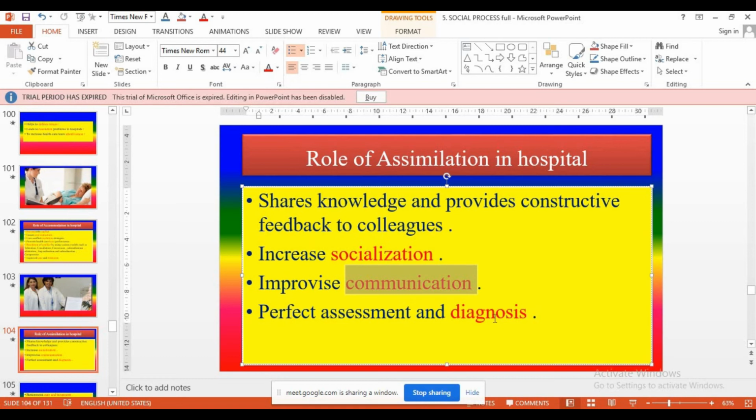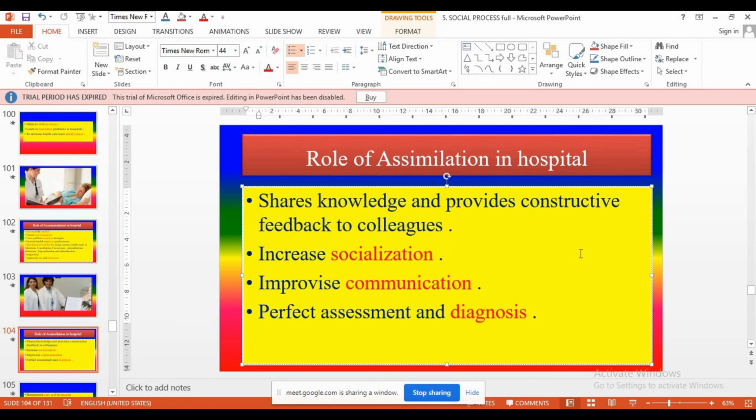Then diagnosis. Perfect assessment and diagnosis. To diagnose means to identify the causes of diseases. Not only one person, every person should be involved to identify the cause.